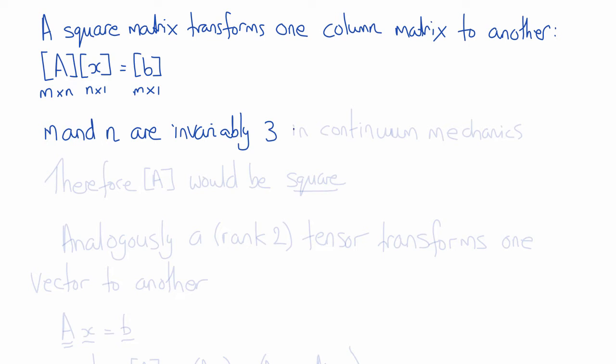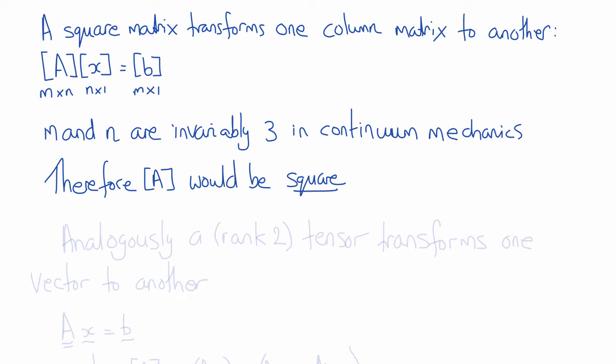In continuum mechanics, m and n are invariably 3. Therefore, A would be square, and therefore B would also be a 3 by 1 column matrix. In other words, the matrix A could take the components of one vector and give you the components of another vector. So, analogously, a rank 2 tensor transforms one vector to another vector.